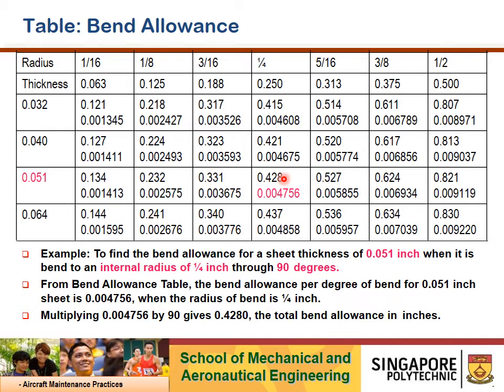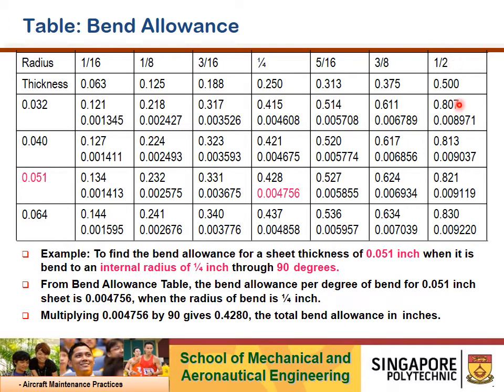So if you want to bend sheet metal of thickness 0.051 with a quarter-inch radius, the bend allowance is 0.428. Right. We're maintaining the same thickness. If, let's say, instead of a quarter, the available bend radius on the press brake bending machine is 3/16, you realize that the bend allowance is slightly shorter, 0.331 inch.